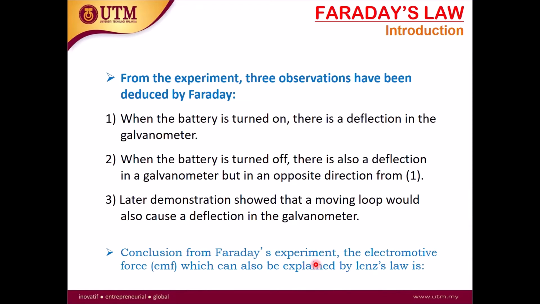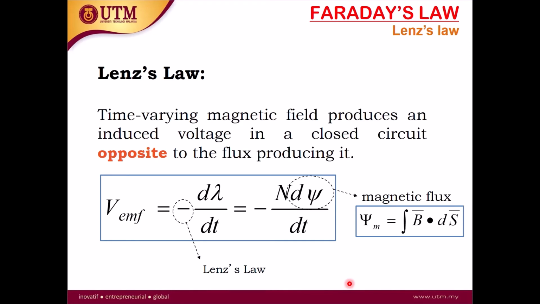The conclusion from this experiment is that the electromotive force, EMF, can also be explained by Lenz's law, which is that the time varying magnetic field produces an induced voltage in a closed circuit opposite to the flux producing it.